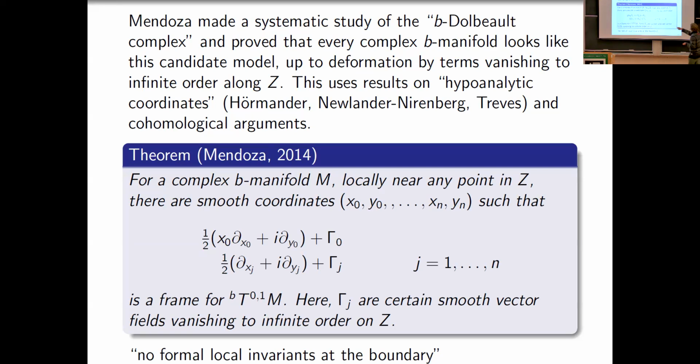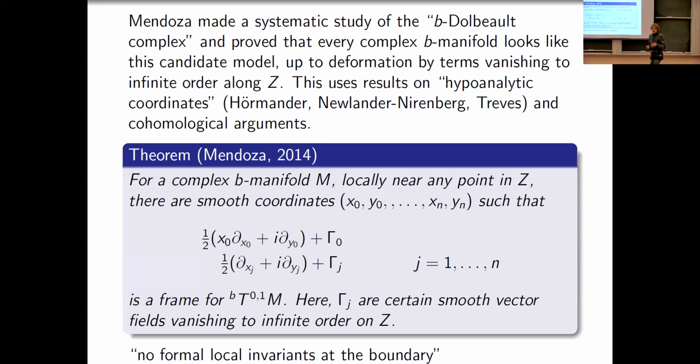So what's involved? There are some names here. It's using some classical stuff, hypoanalytic coordinates that you find in work of people like Hormander, actually Newlander-Nirenberg themselves, and Kleb. Okay. So maybe I better move past this slide. I'm getting a little spooked by it.